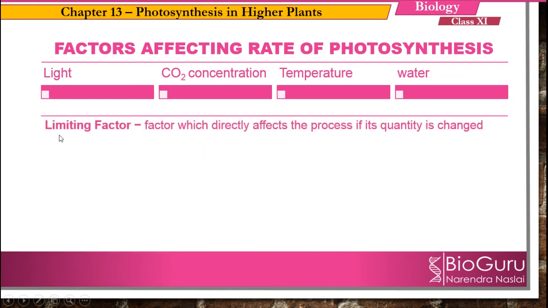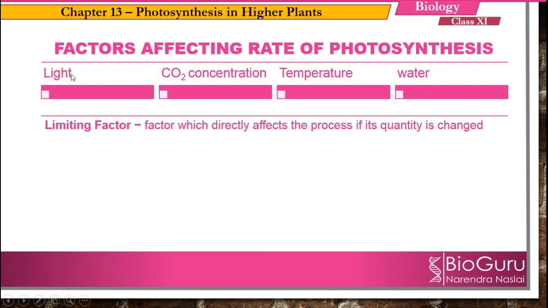So here, limiting factor: the factor which directly affects the process if its quantity is changed. As I already told you, photosynthesis depends on all these factors: light, carbon dioxide, temperature, and water. If they are provided in equal amounts, if optimum light, carbon dioxide, temperature, and water are present, then photosynthesis is going to happen normally.